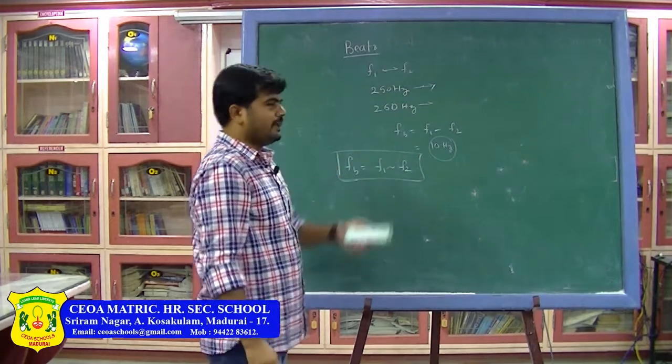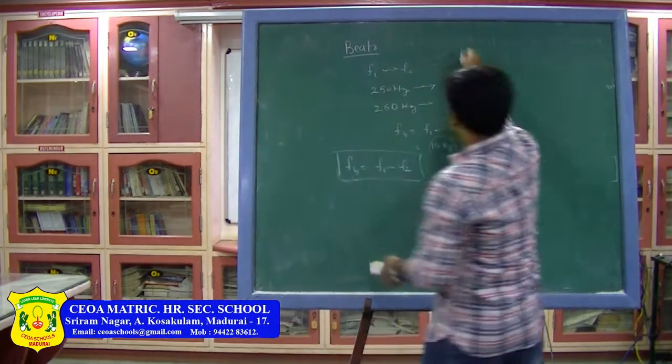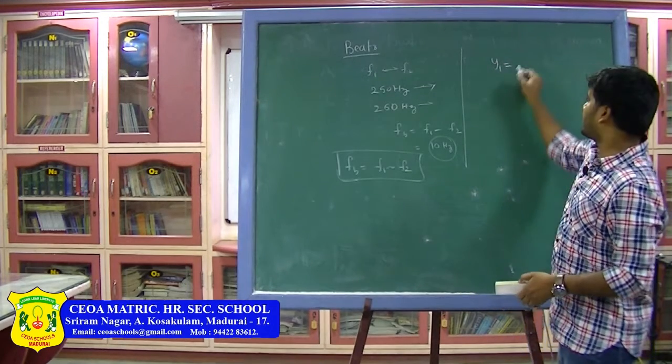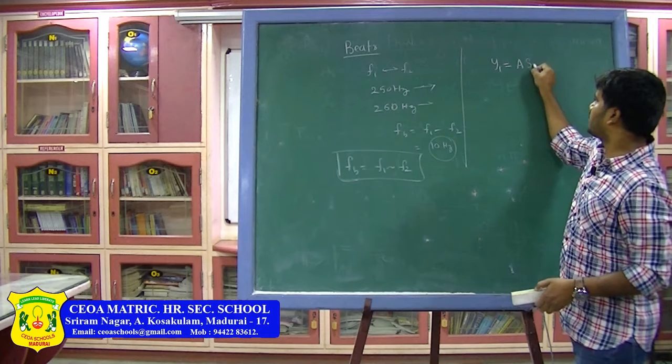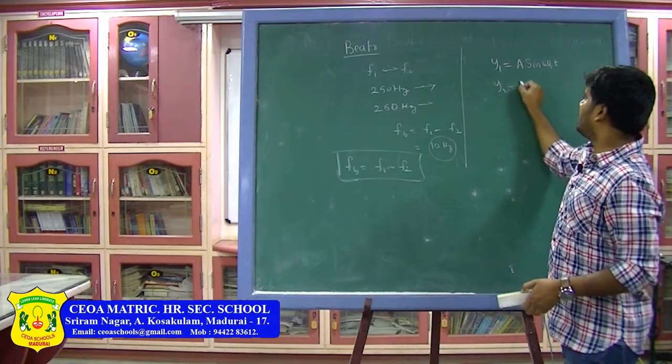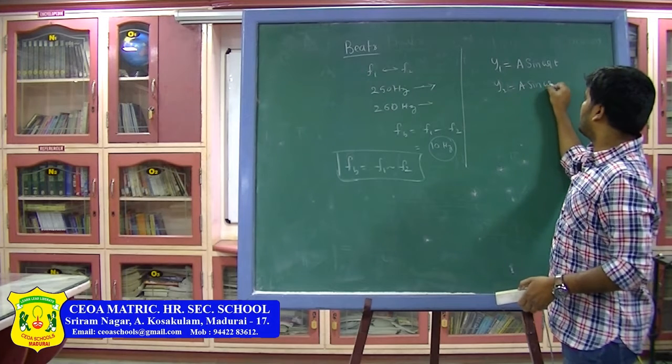More clearly, suppose two waves traveling in the same direction in the medium are y1 equals a sin omega 1 t and y2 equals a sin omega 2 t.